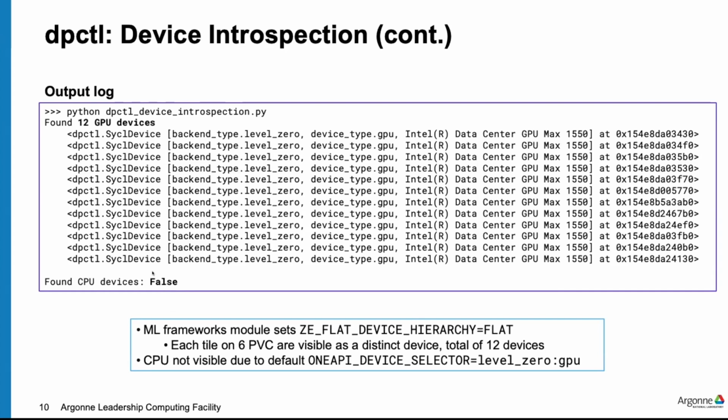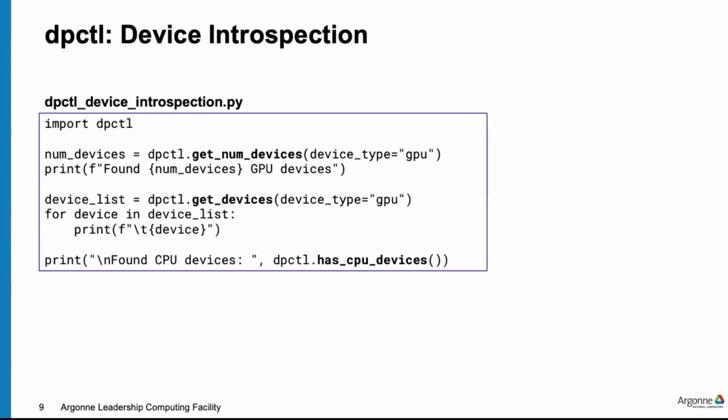And then lastly, as I mentioned earlier, by default, you actually don't see the CPU devices or a host. And that's due to the ONEAPI_DEVICE_SELECTOR flag being set to default to level zero GPU. But of course, you can change that and then access the CPU. But dpctl gives you the function so that you can make sure that all the devices that you're after are visible.